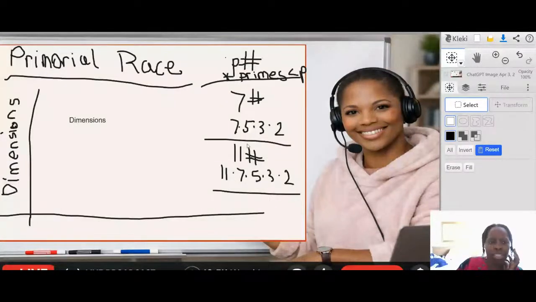Anyway, okay, so I'm going to undo the dimensions because I couldn't rotate it.